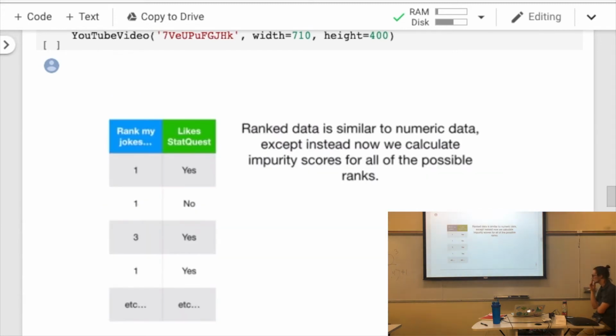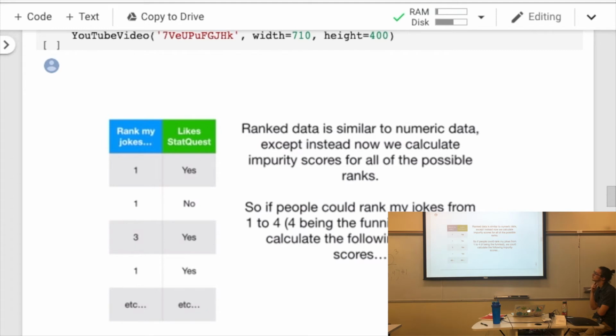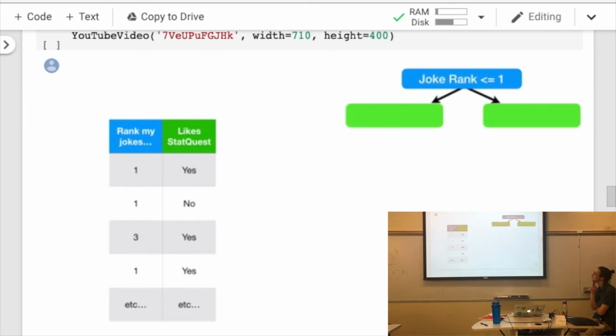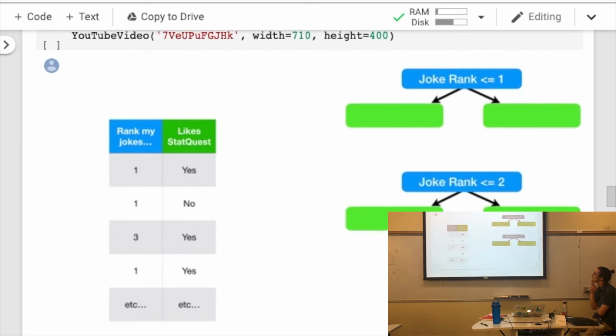Ranked data is similar to numeric data, except now we calculate impurity scores for all of the possible ranks. So if people could rank my jokes from 1 to 4, 4 being the funniest, we could calculate the following impurity scores. Joke rank less than or equal to 1, joke rank less than or equal to 2, and joke rank less than or equal to 3.